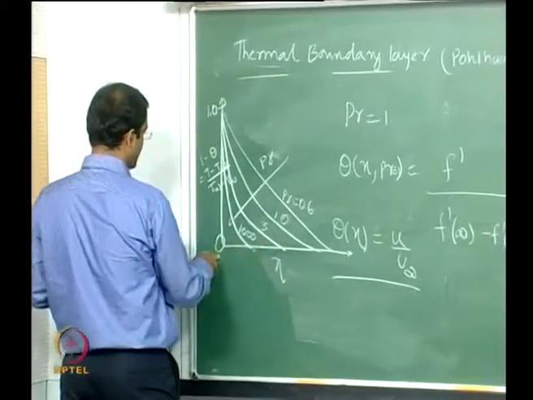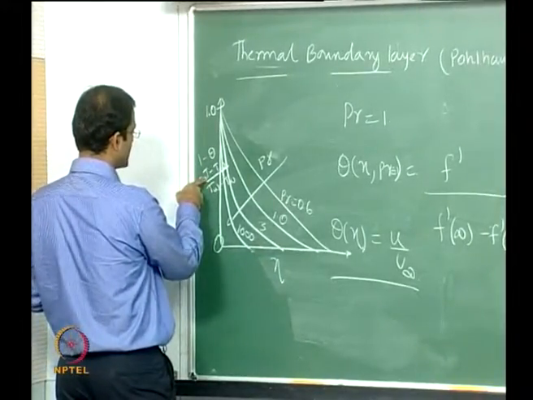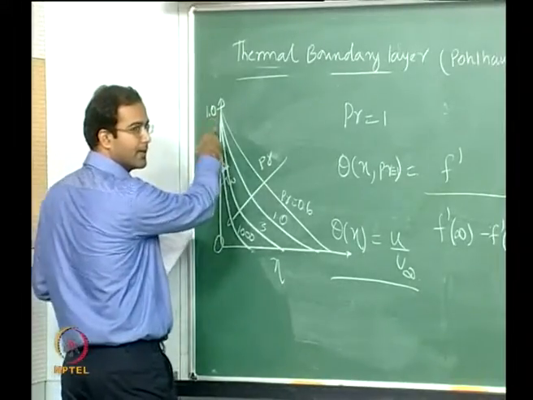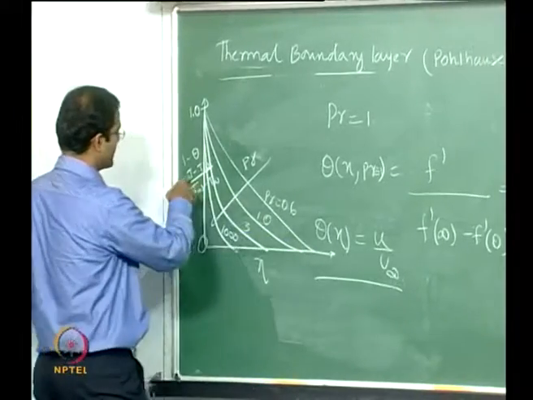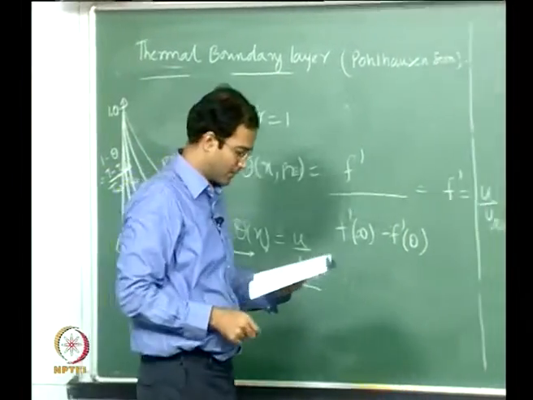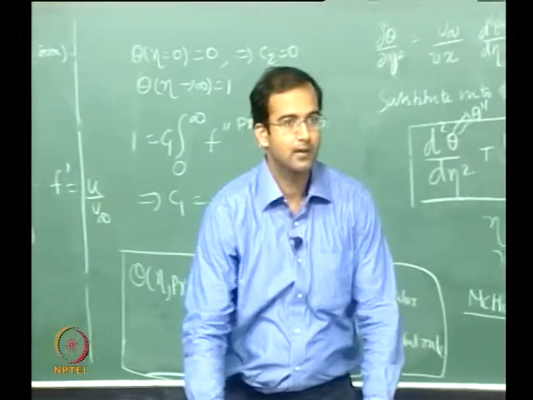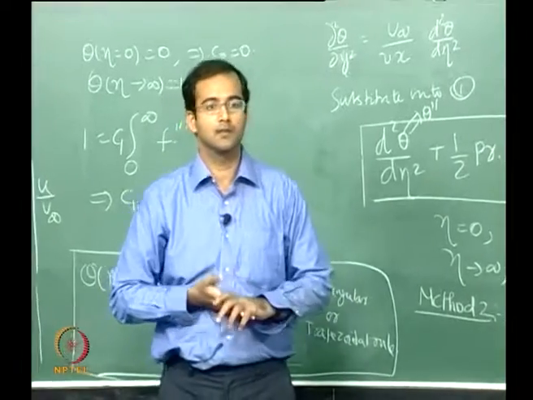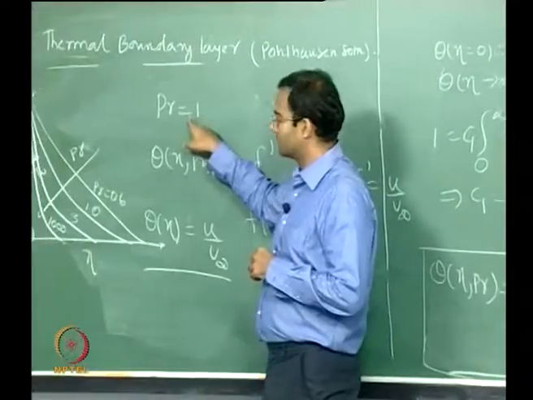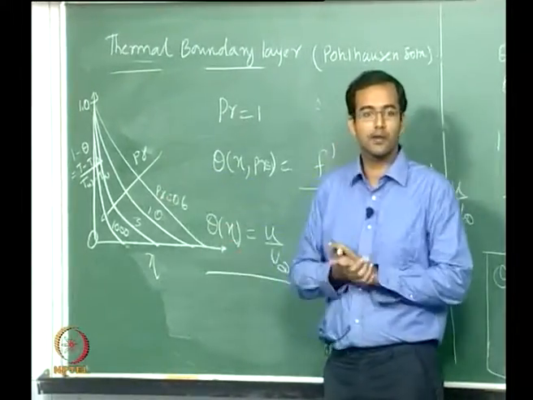So at eta going to 0, I have plotted 1 minus theta, so T should be equal to T wall, therefore it goes to 1, and for large values of eta, T should approach T infinity and 1 minus theta goes to 0. Okay, so this is how qualitatively you can sketch the similarity profiles for theta. And you can find that for the exact value of Pr equal to 1, both the velocity profile and temperature profile are identical.